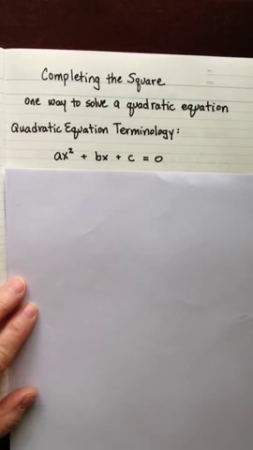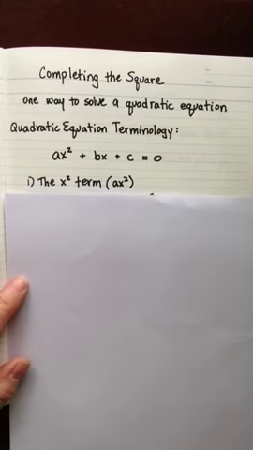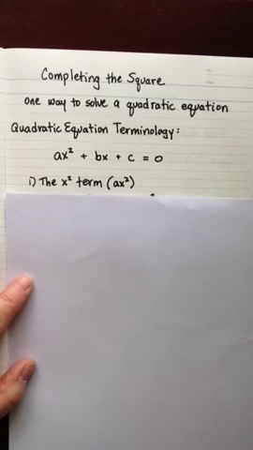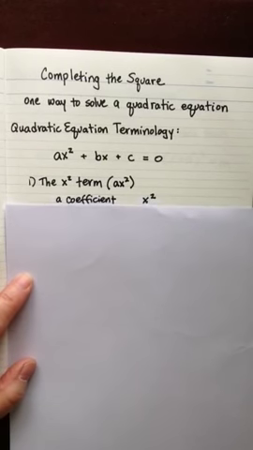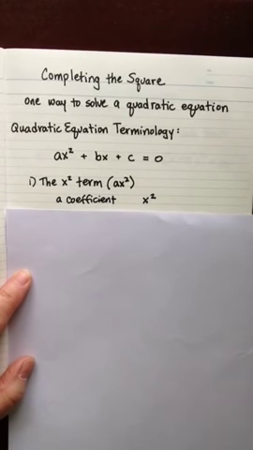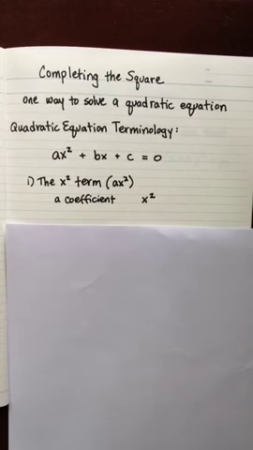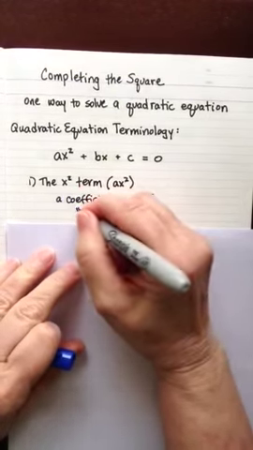Okay, what is the terminology that goes along with this equation? Number one, there's the x squared term, and in this case it's ax squared. So it consists of a coefficient. The coefficient is a, and then the other part of that term is the x squared.